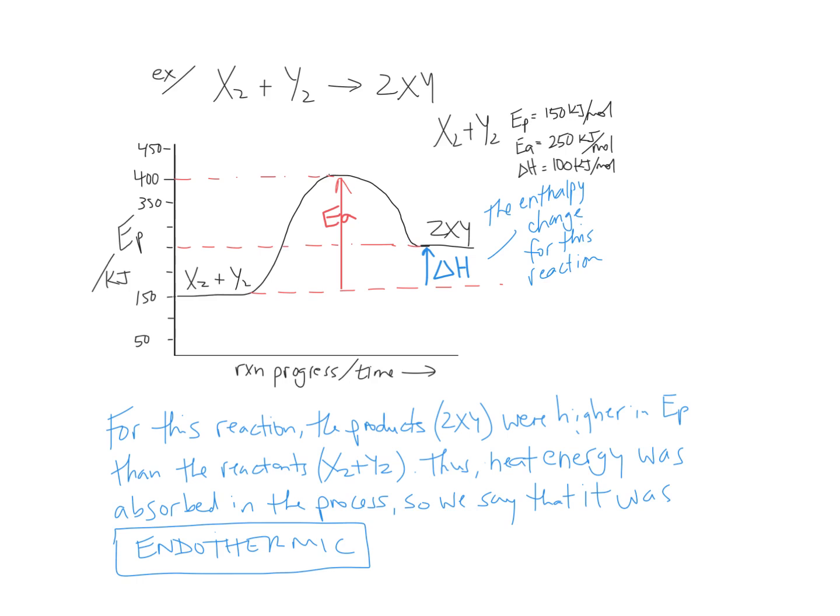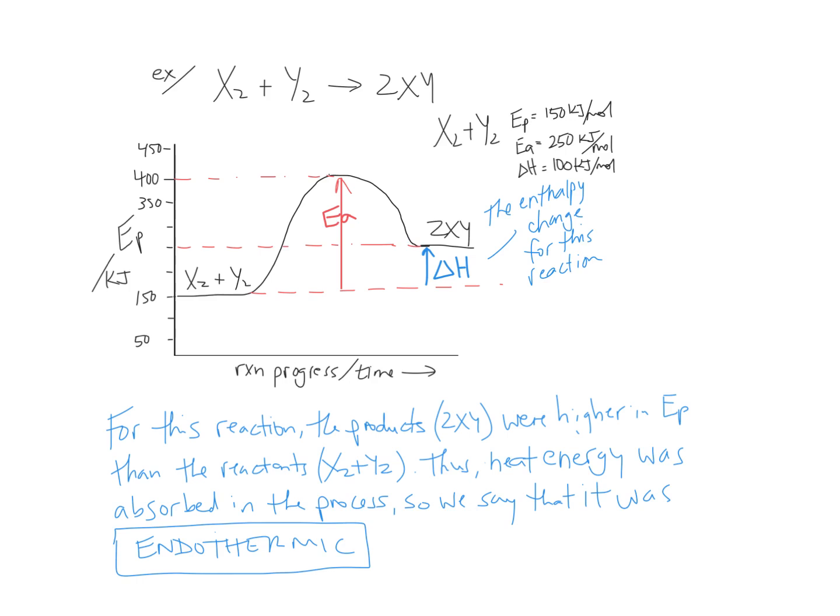Okay, so if we examine a theoretical reaction here, X2 plus Y2 reacts to make compound 2XY. We could map out the energy going on in that with a potential energy diagram like I've done here.